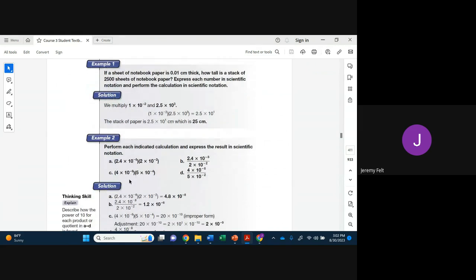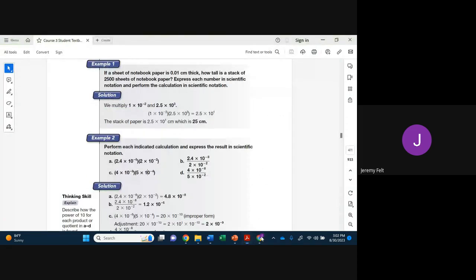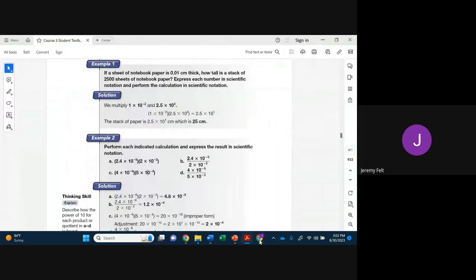Okay, so let's look at one of these examples here. 4 times 10 to the power of negative 6, we're multiplying this one, times 5 times 10 to the power of negative 4.